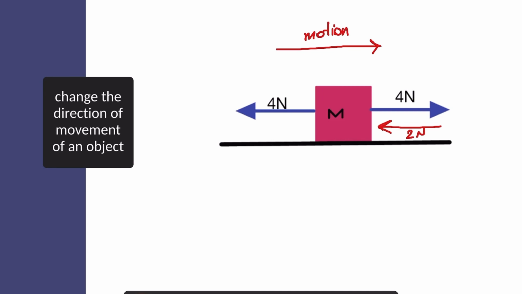Then this unbalanced force acts upon this object. Again, sigma F after this force acts is not equal to 0. Therefore, for a split second the object stops, and then moves to the left.